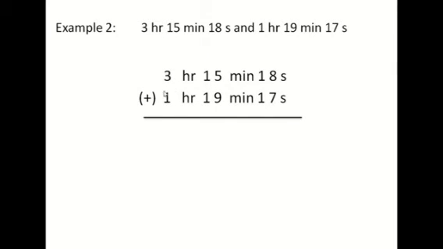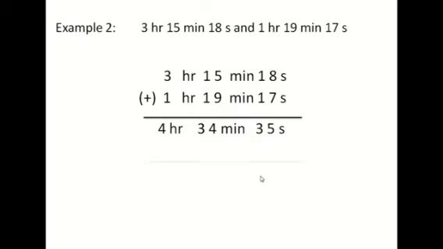And finally, you will go for hours. So we'll start from seconds, then minutes, then hours, because just now I discussed, while adding time, we do addition for second to second, then minute to minute, and then hour to hour. So how much is it? It is 4 hours 34 minutes 35 seconds.